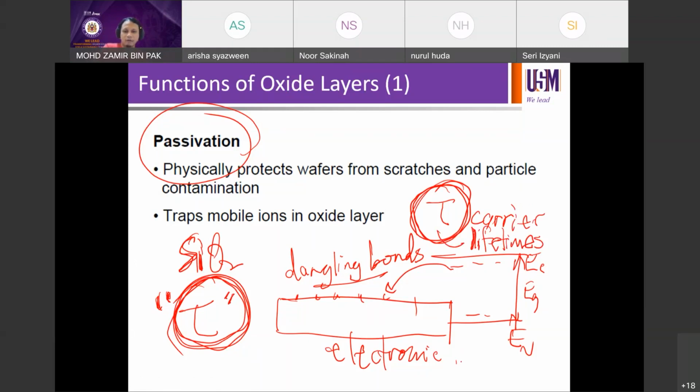So, tau will affect what's next? L, right? L equals square root of D tau. Diffusion length equals the square root of diffusivity times carrier lifetime. We learned about this in 386. Okay. L equals square root of D tau. Right? So you can check that to prove that your passivation works.